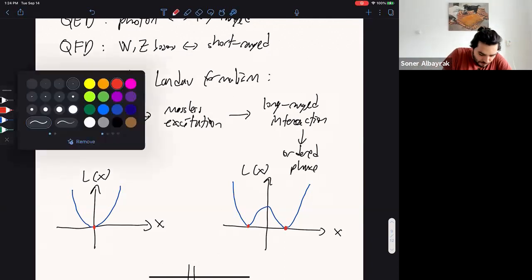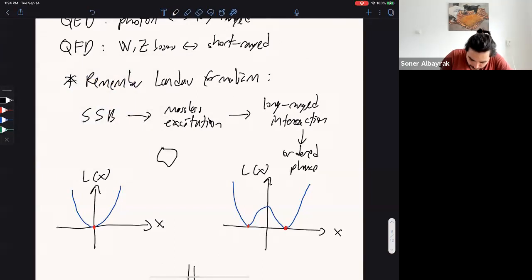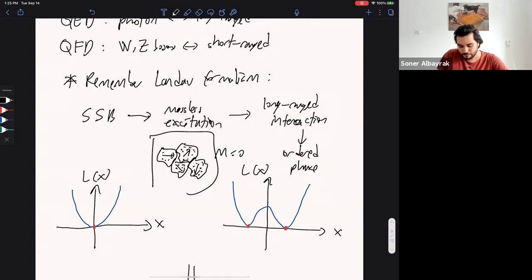Let's say we can expect some regions of net spin, right? This has spin like this, spin like that, spin like this. There are a bunch of atoms here. They are all correlated because there's a short range interaction. But the net magnetization would be 0.